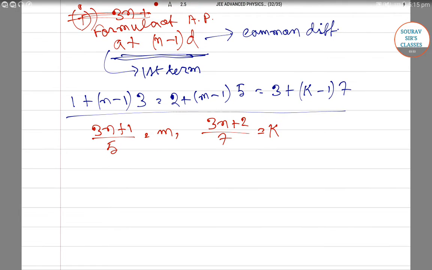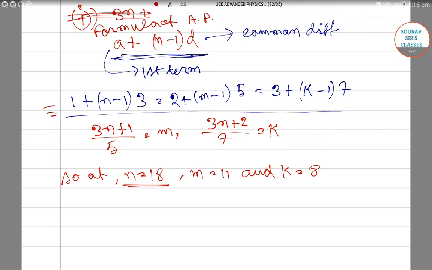These two equations can be written like this, where m and k are integers. So at n equals 18, m equals 11 and k equals 8.